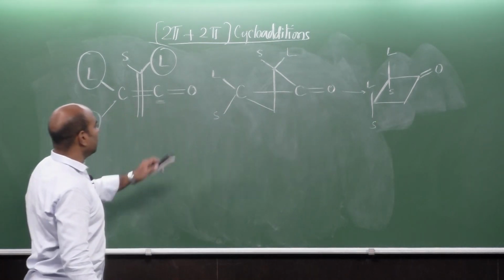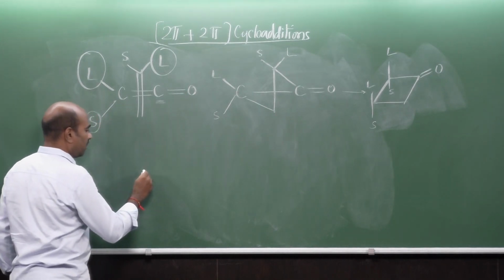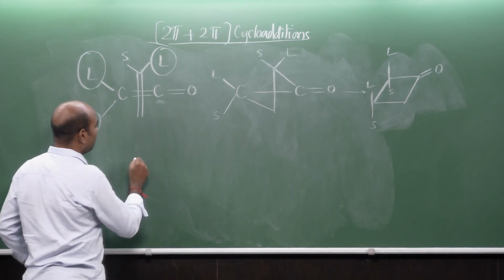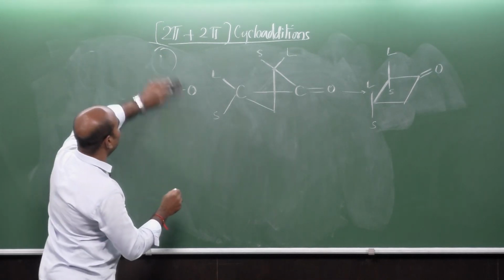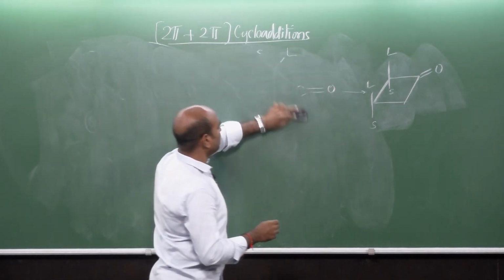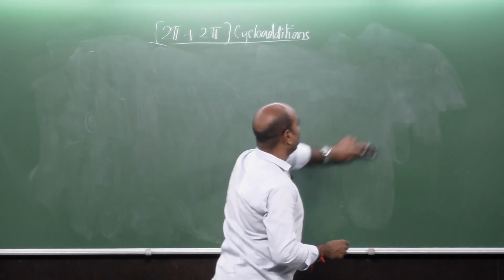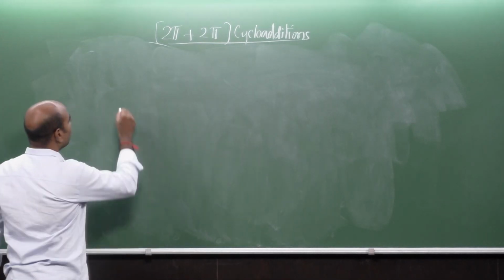So, when you see this here, the olefin is the suprafacial partner, and if you are considering the reaction between cis 2-butene and the ketene, let us see how the approach will be.